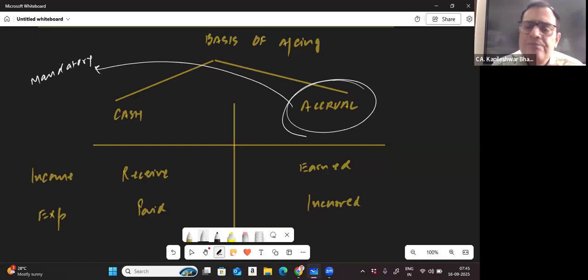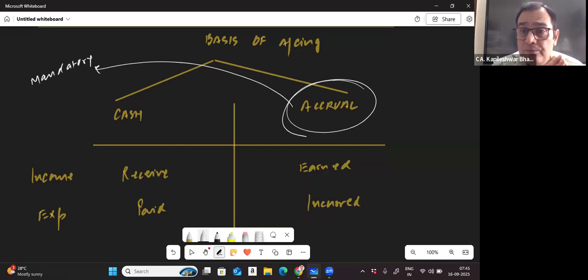For example, when you recorded a credit sale, you did not receive cash. In fact, there itself, I introduced the concept of accrual basis indirectly. When I made a credit purchase, I did not pay money, but I incurred the expense and therefore the entry was captured. So we will account on accrual basis.